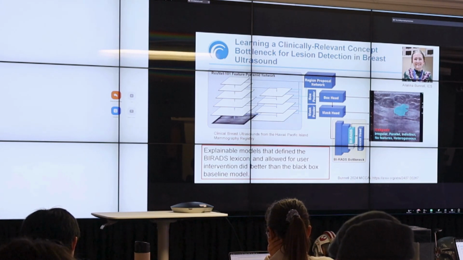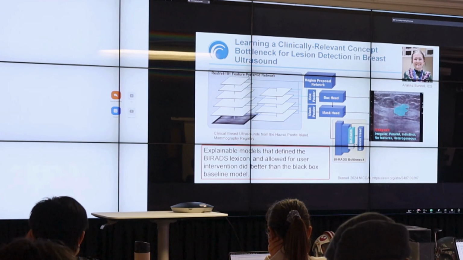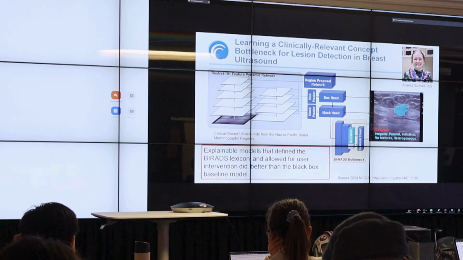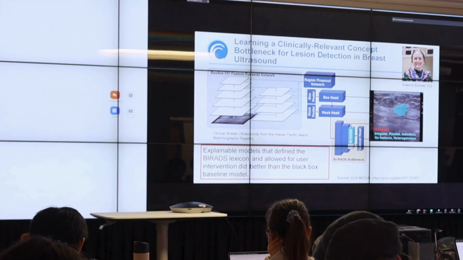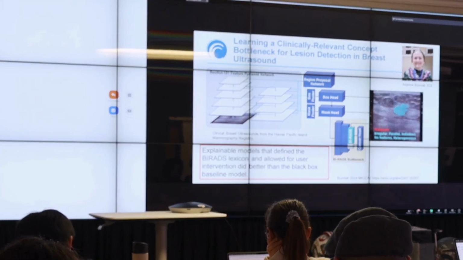She has a clever design in that it allows the user to interact with the lexicon predictions so that if they disagree, they can flip a predicted value, and the model will update based on the input from the user. Lastly, she left in an open channel that didn't use the concepts and was successful in showing that the concepts were, in general, capturing most of the detection information without leaving information behind and not being used.